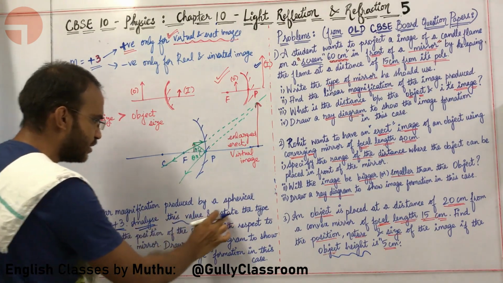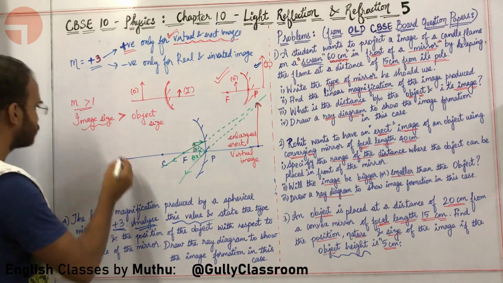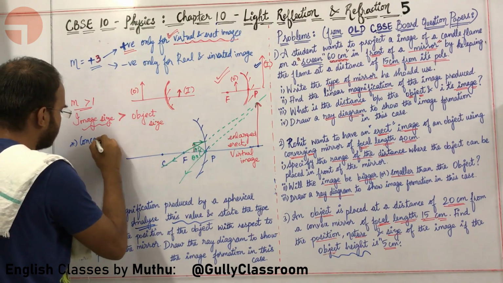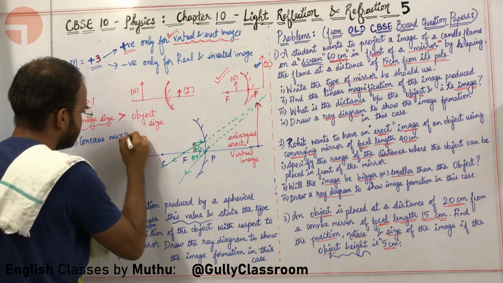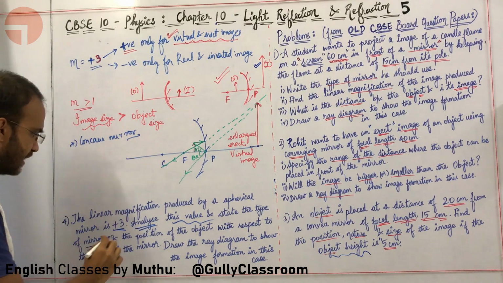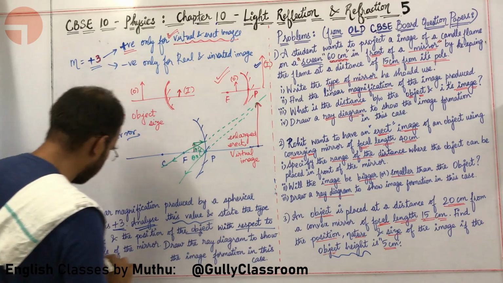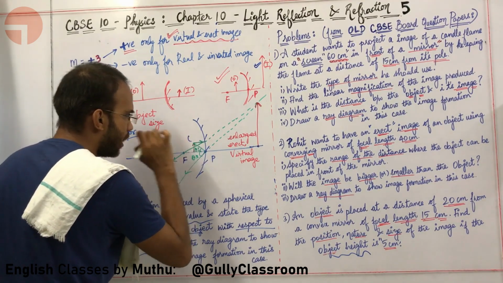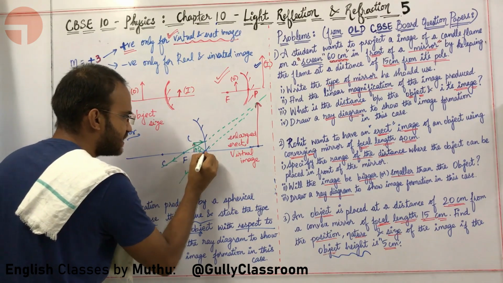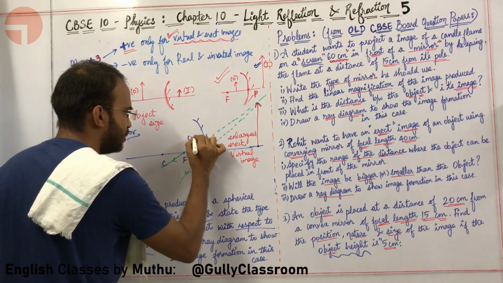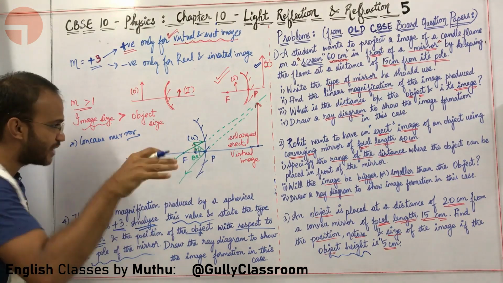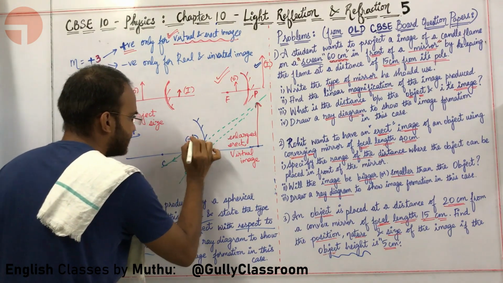So analyze this value and state the type of mirror used. So what is the type of mirror used? I am using a concave mirror. That is fine. What else, sir? The position of the object with respect to the pole of the mirror. The object distance is usually denoted by u. Here because the u is measured opposite to the direction of the incident light, I can simply say this is minus u.